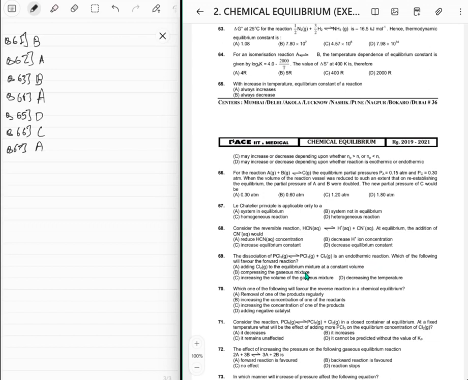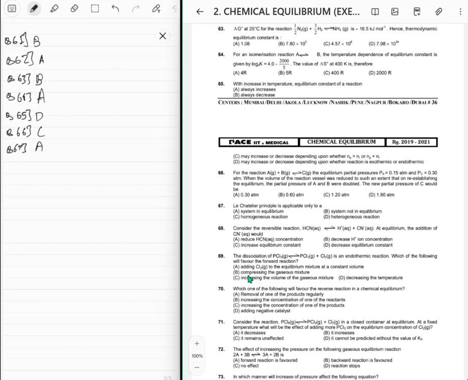If it's endothermic, increase the temperature. And over here, as you can see, when you go to the right hand side, your pressure increases because moles increase. So decreasing pressure will increase the forward reaction, because by Le Chatelier's principle it will try to go to the right side. Adding Cl2, no, we want the forward reaction, that will just go backward.